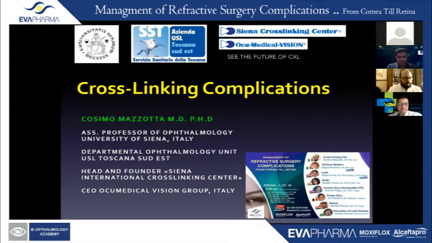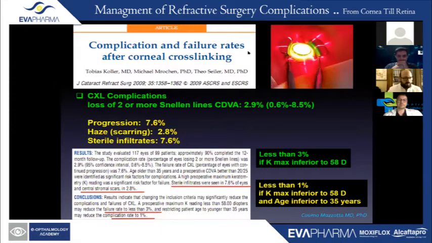So I will speak about complications of cross-linking. The first publication about complications of cross-linking, intended as a loss of 2 or more Snellen lines of corrected distance visual acuity, was published by Theo Seiler in 2009. The complication occurred in about 3%, with a 95% confidence interval between 0.6 and 8.5.